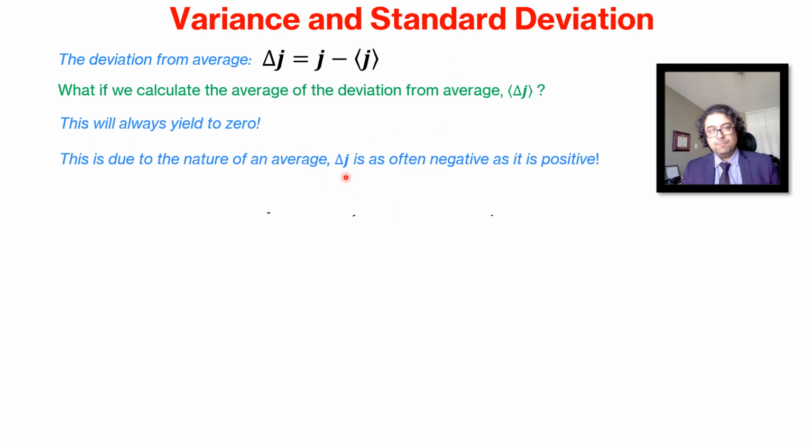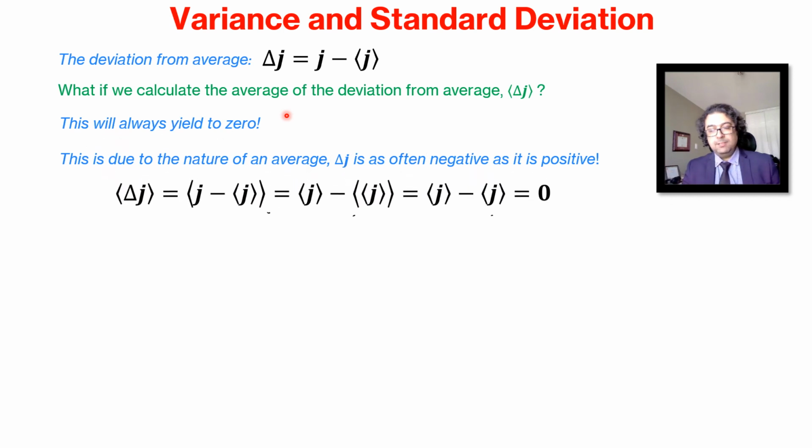The reason for that is that delta j, calculated for all of the individuals in my specimen, is as likely to be positive as negative, and therefore they would cancel each other's effects. So this wouldn't get us anywhere. If I want to talk about the spread of a distribution, it's not enough to just take the average of the deviation from the average, because that is always guaranteed to give me 0.